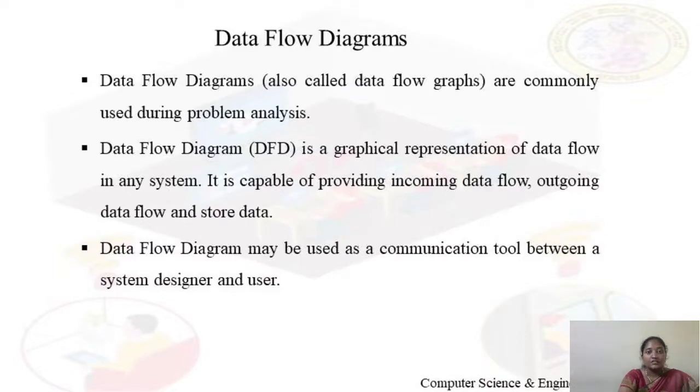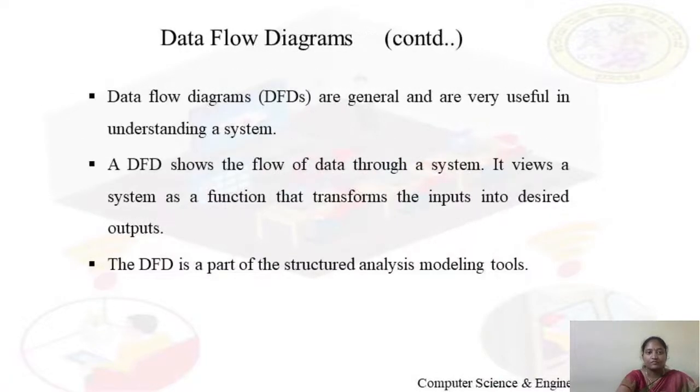And DFDs are of two types: logical DFD and physical DFD. Logical DFD represents the flow of data in the system. Physical DFD represents the implementation of the logical flow of data.